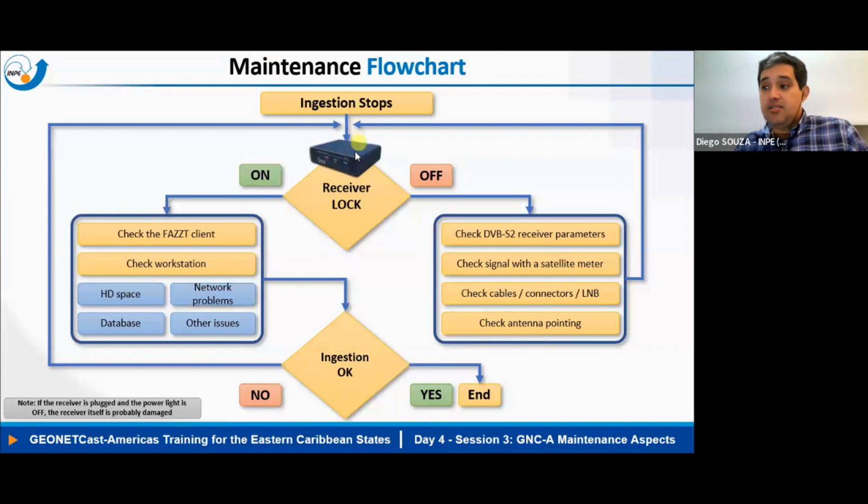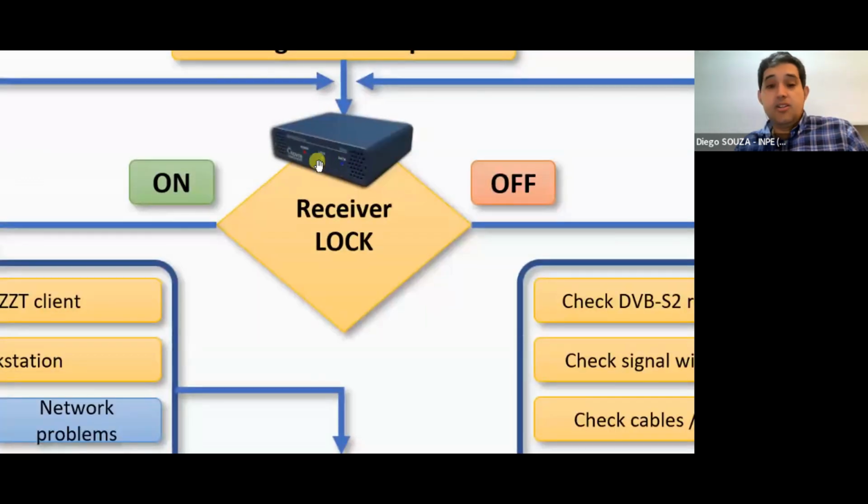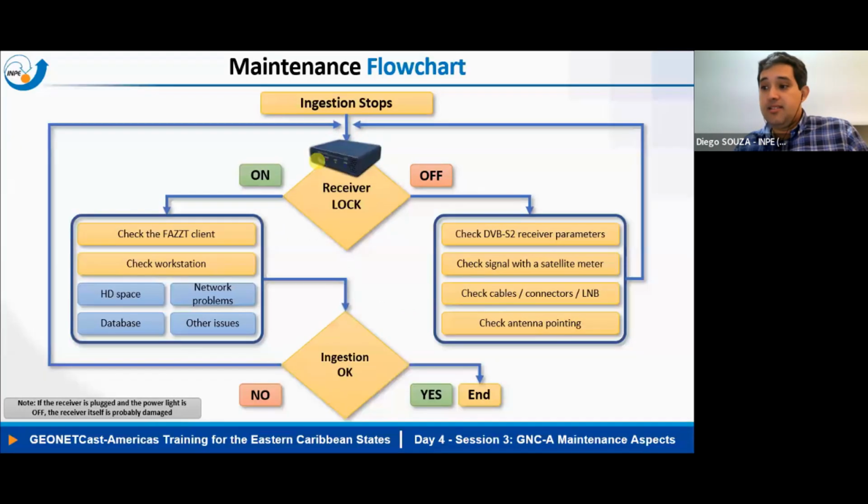If the data light is on or the lock light is on and you are not receiving the files, right? That means that the GeoNetcast America's data stream is being detected and processed by the receiver. However, for some reason, between the receiver and the final processing stage of the FAZZT software, something is impeding the creation of files, okay?